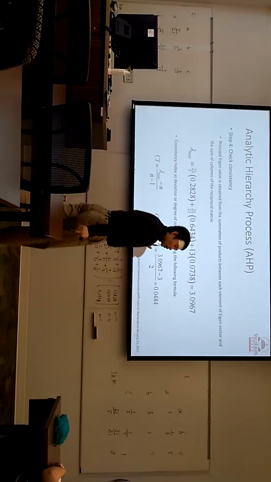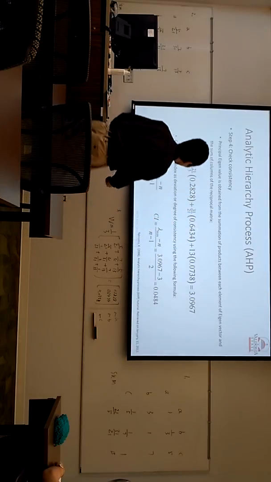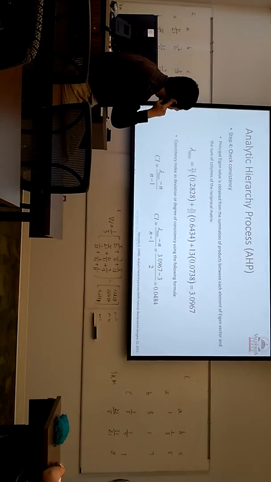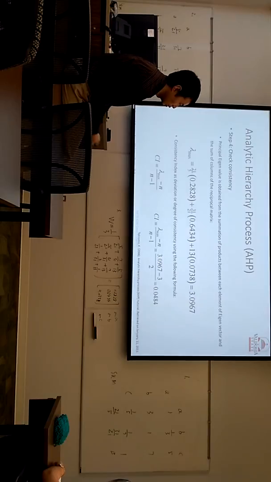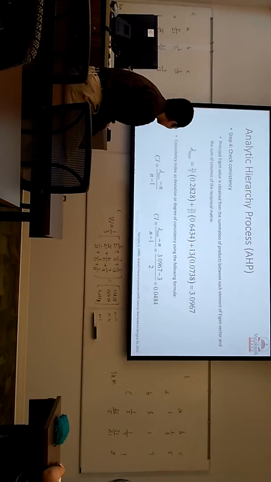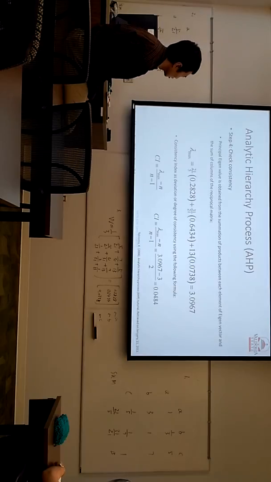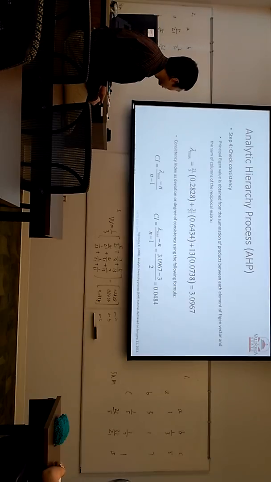That's how we do this calculation, and we will have this principal eigenvalue. Normally we use lambda max to denote this principal eigenvalue. After we have this, let's hold on one second to write it down.